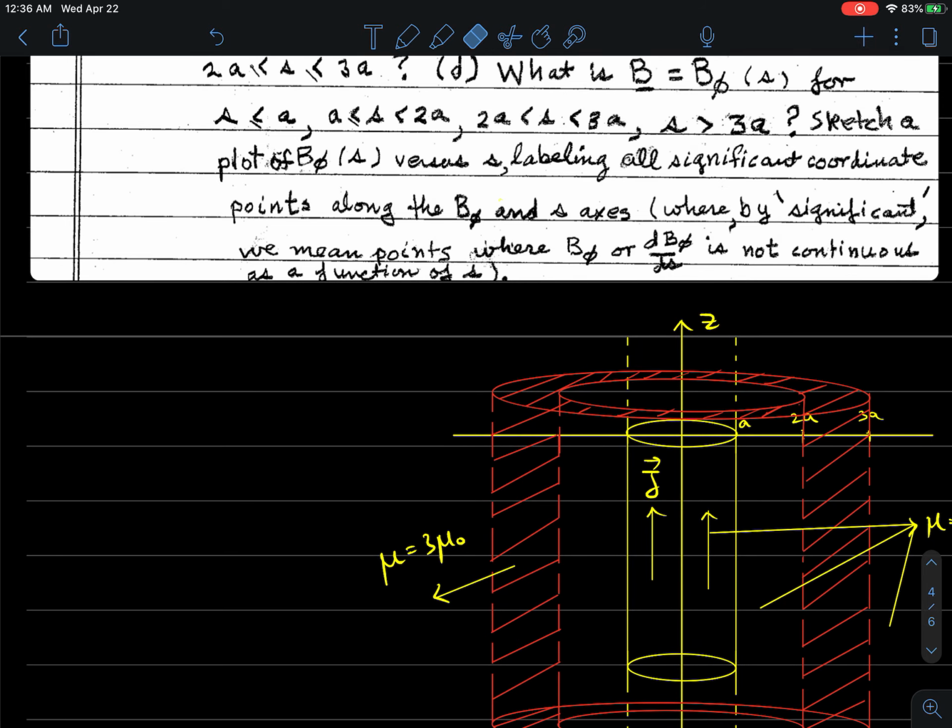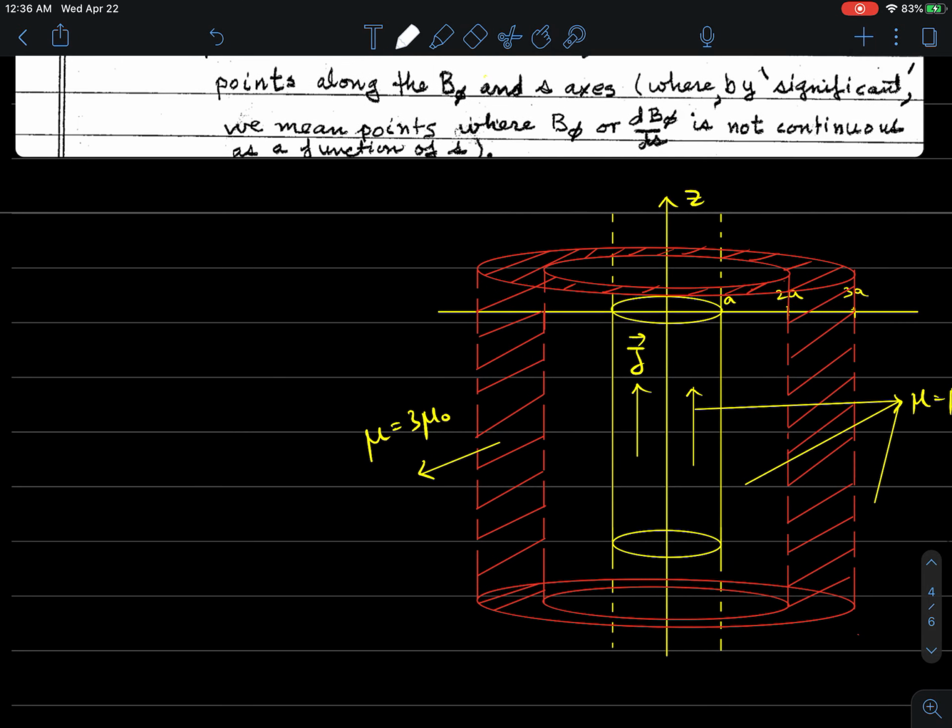But before I start that, I've taken the liberty to draw the diagram here. This is the wire that we are talking about, which carries current in the z direction.